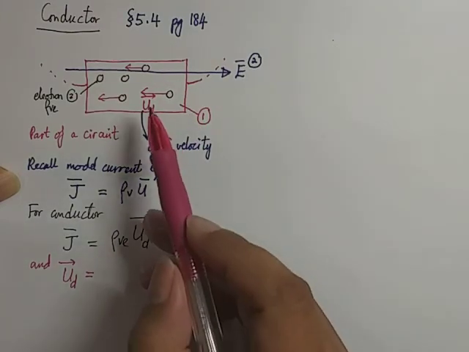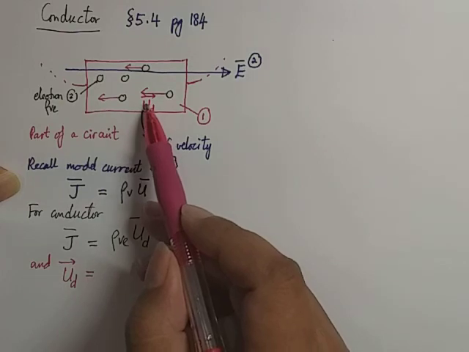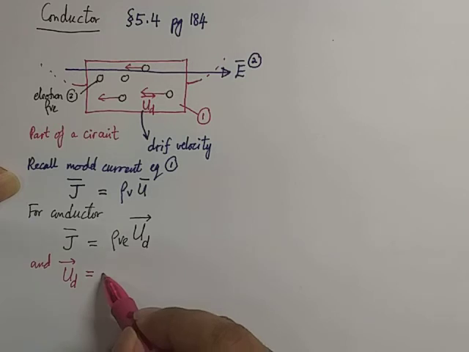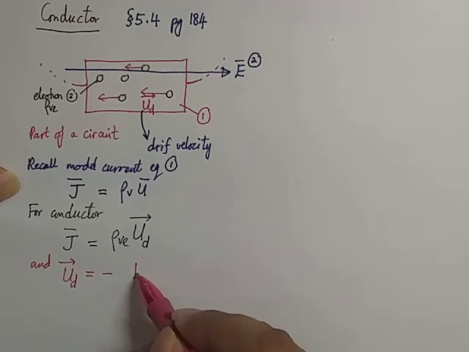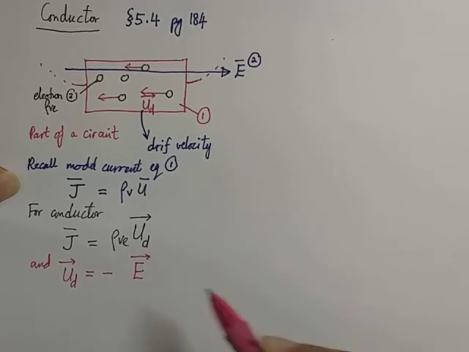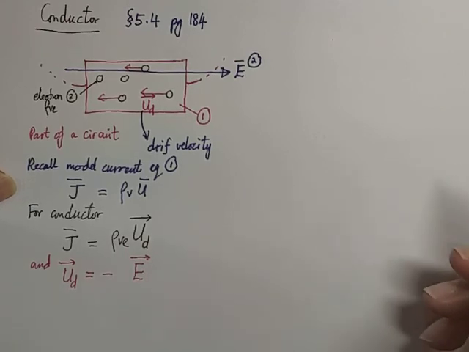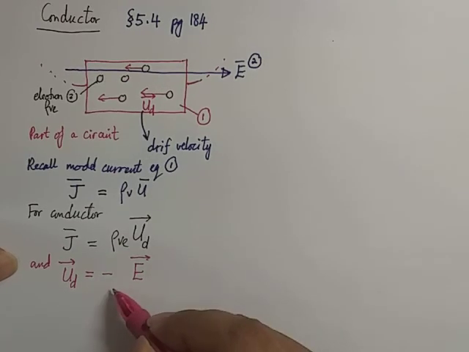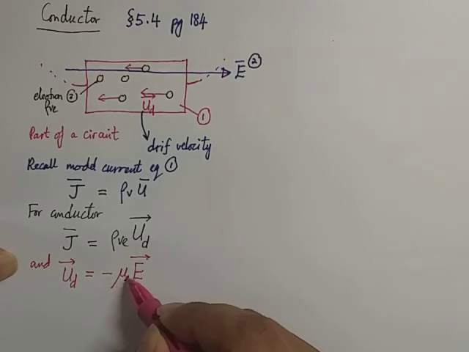But what we can observe is that the direction of UD is opposite to the direction of E, so I'm going to denote it as minus E. That is the first component related to the definition of drift velocity. And the second parameter that is important in defining UD is mu E.